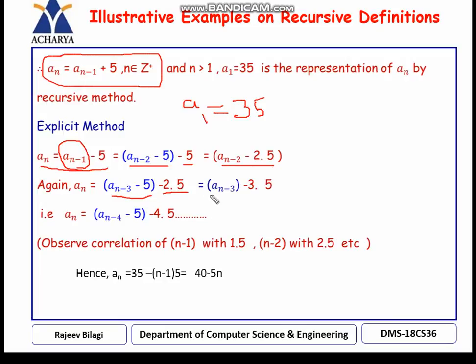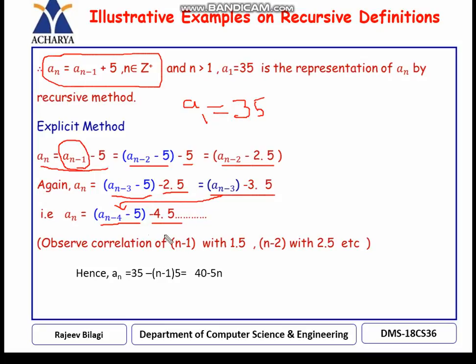So with this what I am getting is an minus 3 minus 3 times 5. Similarly, instead of this an minus 3, if I write an minus 4 minus 5, I will get minus 4 times 5, and so on, as an.